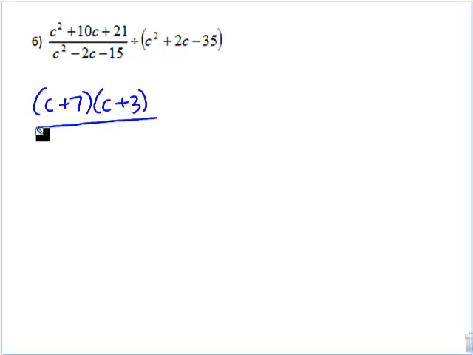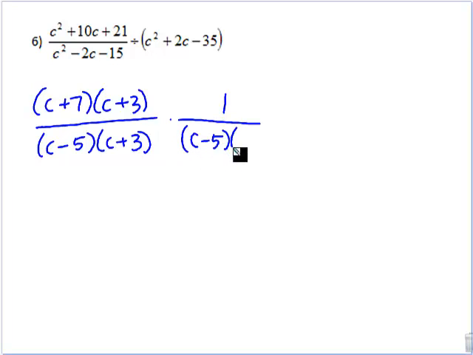over c squared minus 2c minus 15. How can we factor that one? Good. C minus 5, c plus 3 times 1 will be in the numerator. C squared plus 2c minus 35. Yep.